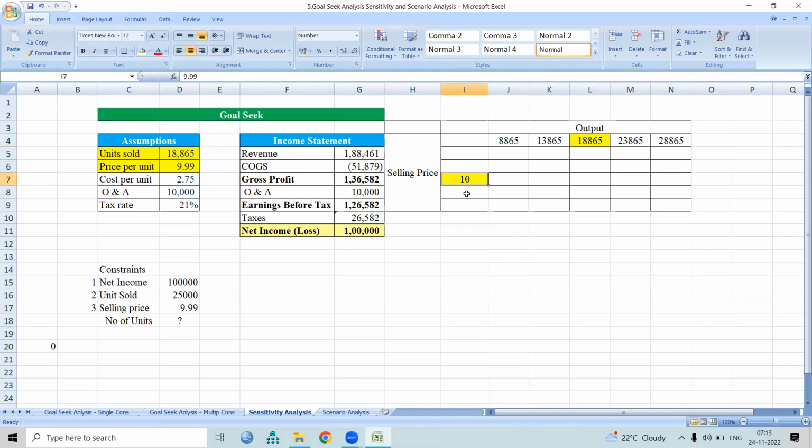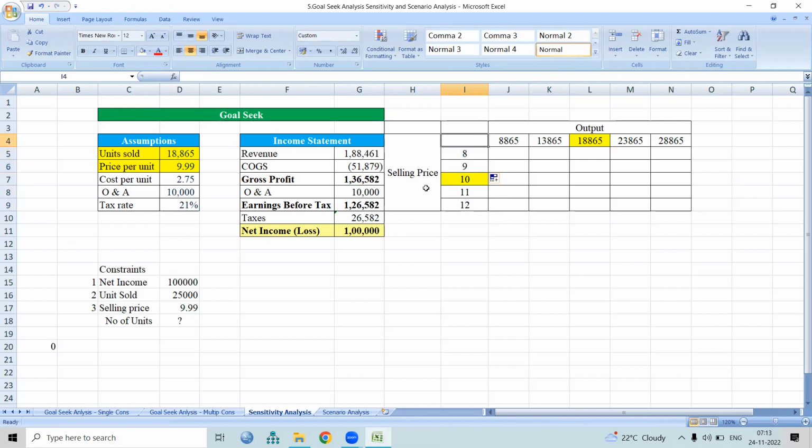Now, in the same line, let's find out the different selling prices here. So selling price we'll fix as 10 plus 1, 11, and then 10 minus 1, 9.